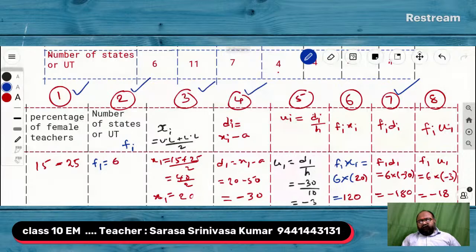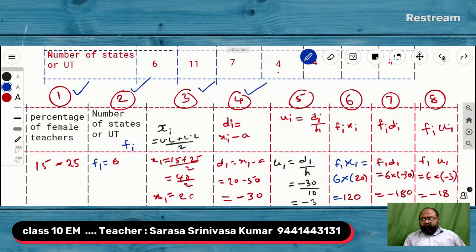We don't require the other columns, so we note down columns 1, 2, 3, 4, and 7 only.